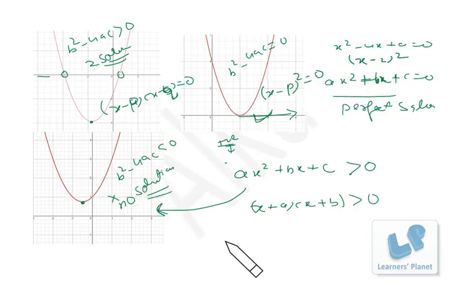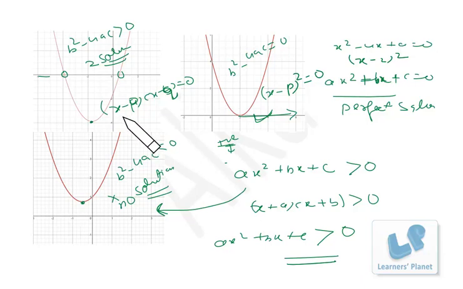Here it is ax square plus bx plus c greater than 0. So these are the three cases. Knowledge of both the concepts, the wavy curve method and these curves, how we get the minimum value, the maximum value, and the different scenarios there, we should be clear with them.